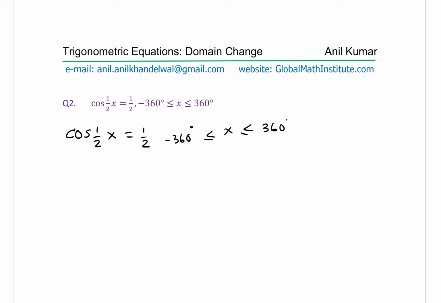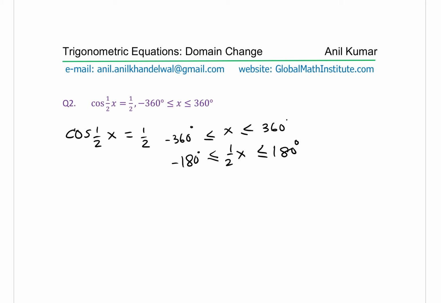So we have changed the domain. Now, what should be the domain for half of x? Well, half of these values, that is to say, from minus 180 degrees to positive 180 degrees. So those are the values in which we should be writing our answers to begin with.